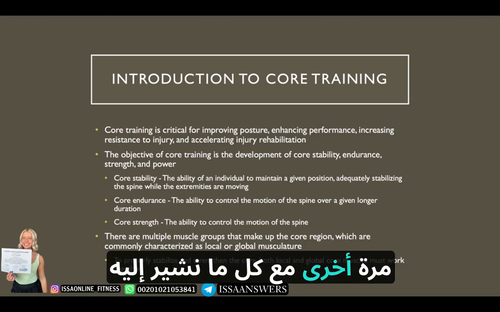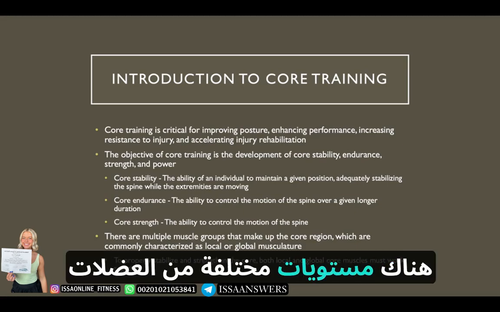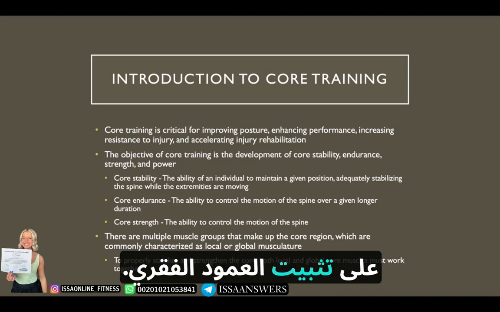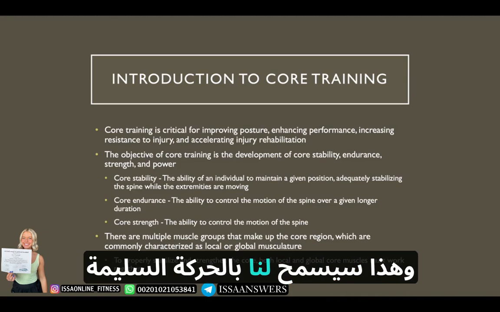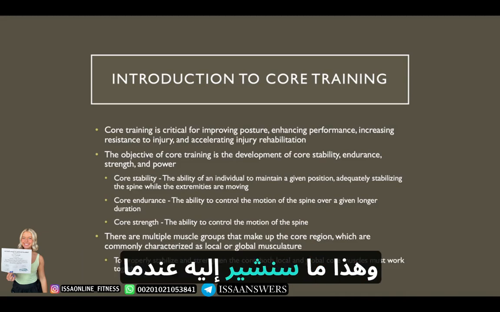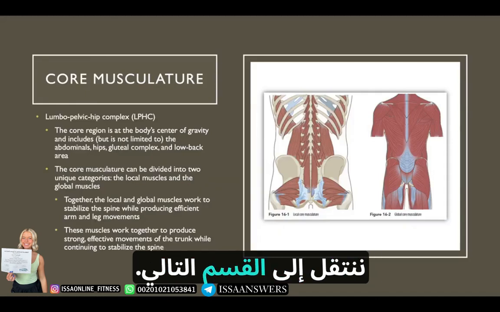So again, with everything that we refer to with core training, there are different levels, local and global musculature, that will help us to stabilize the spine. It will allow for proper movement with that stabilization. So that's what we're going to be referring to as we go into the next section.